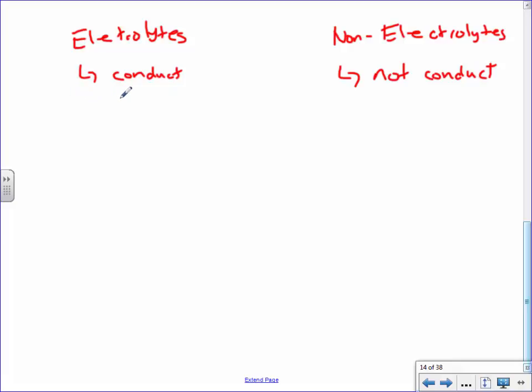Why do electrolytes conduct then? Well, they conduct because they have positives and negatives. If they have positives and negatives, they conduct. What sort of compounds have positives and negatives? Ionic compounds have positives and negatives.